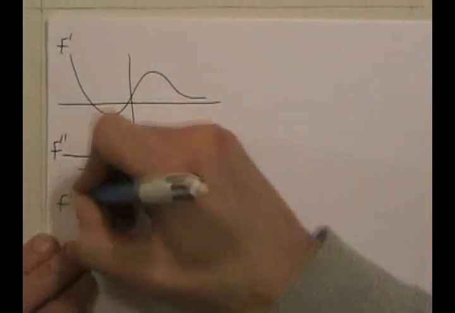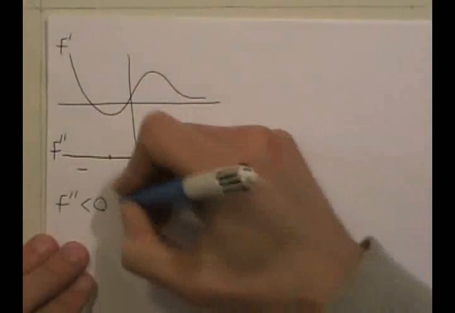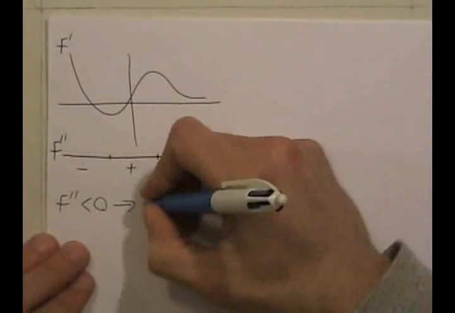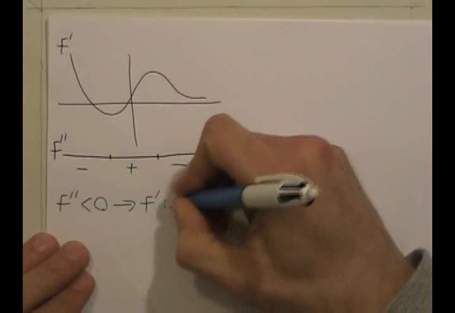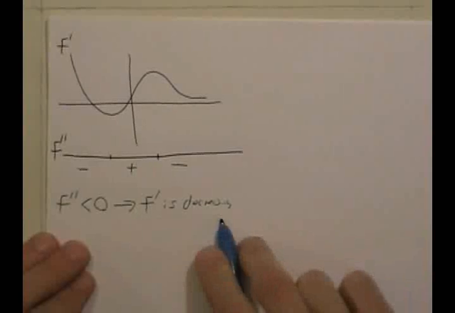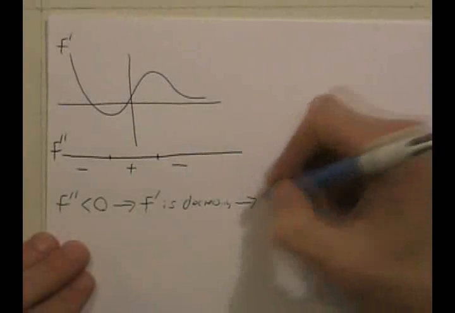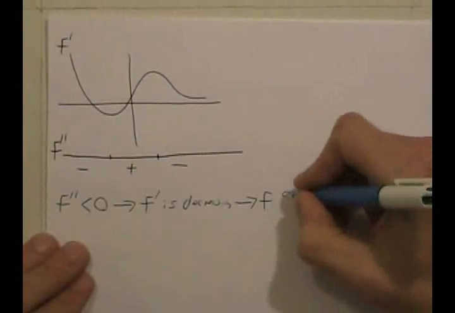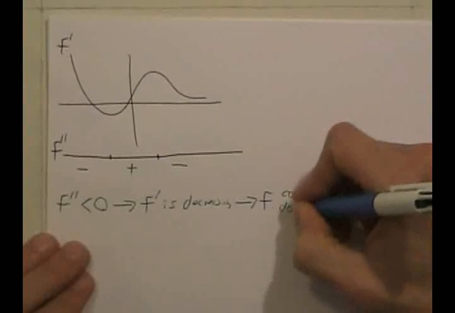If f prime prime is less than 0, that means that f prime is decreasing. And f prime decreasing was our definition of f being concave down.